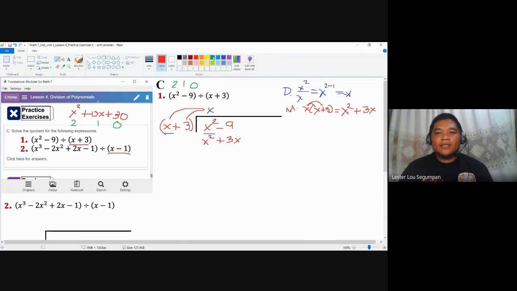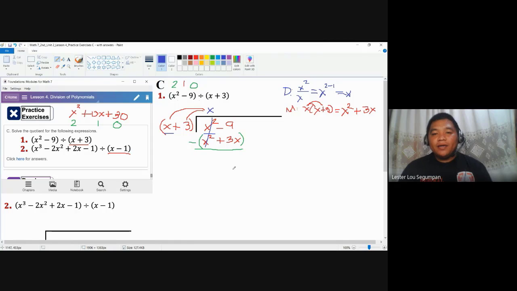The next step is to subtract. But again, as a reminder, when we subtract this, it should be taken as a whole. This is actually the area where the concept of the degree of a term may be applied later. x squared minus x squared is zero.